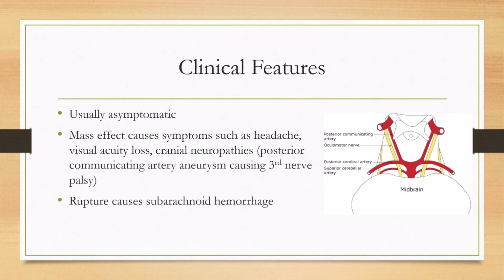One important concept is that you can have a third nerve palsy from a posterior communicating artery aneurysm, and this is because the posterior communicating artery runs alongside the oculomotor nerve. So this can be a cause of blown pupil. And rupture of these aneurysms causes a subarachnoid hemorrhage.